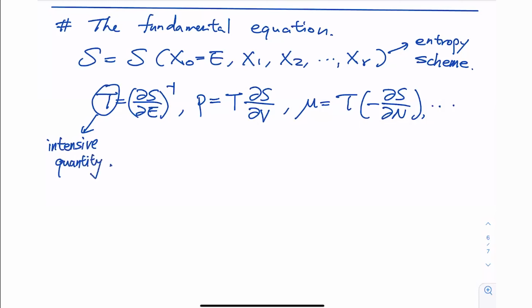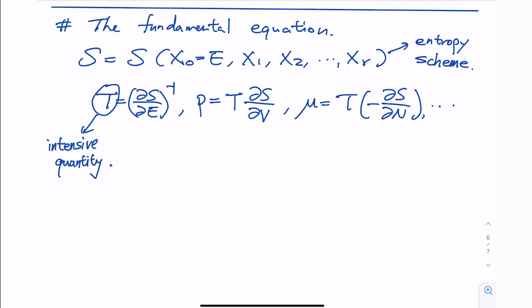What do we mean by intensive? It just means that if you have a system with temperature T, and you scale your system up, maybe double or triple the system size, this temperature is not going to change. But the particle number or energy will scale proportionally to your system size. That's what we call an extensive quantity.